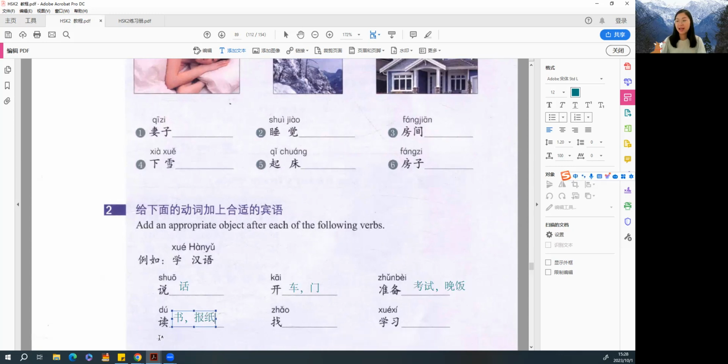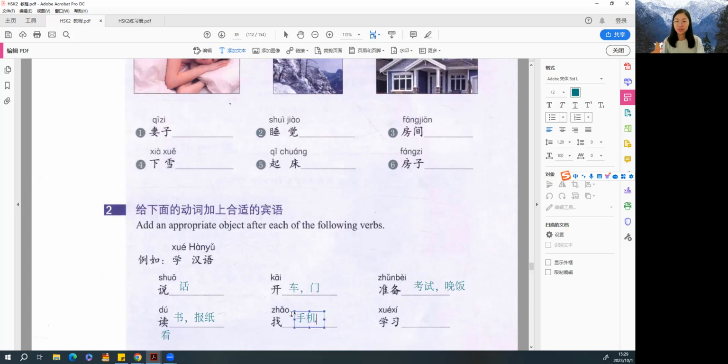They are the same as 看 here, so 看书 and 读书, 看报纸. They mean the same as reading the newspaper, reading books, so they are the same. 读书, 读报纸, or 看书, 看报纸. 找, say 找手机, right?